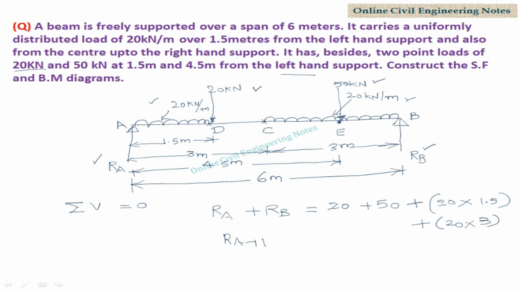RA plus RB is equal to 20 plus 50 plus 30 plus 60. RA plus RB is equal to 70, 100, 160.